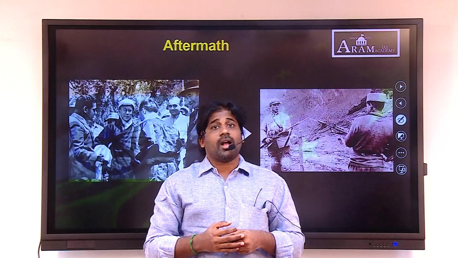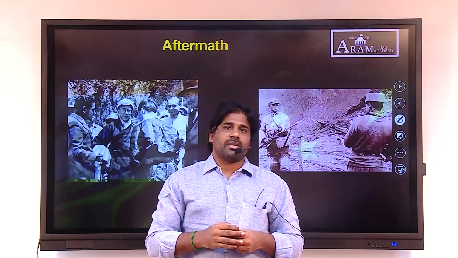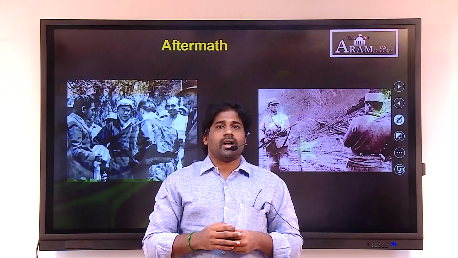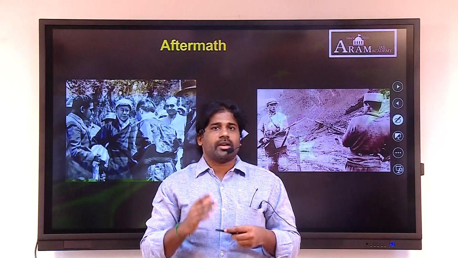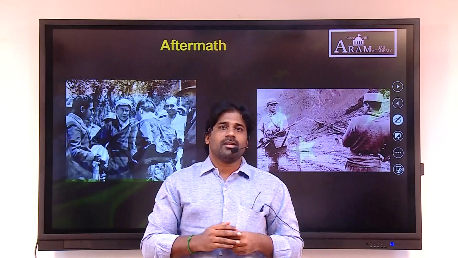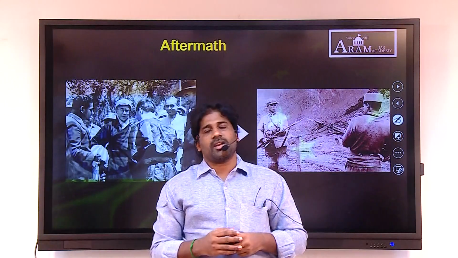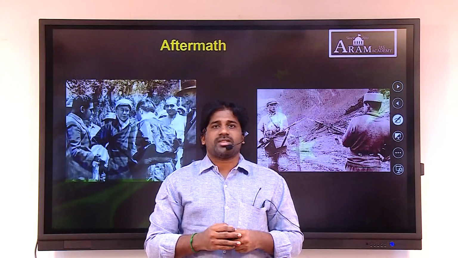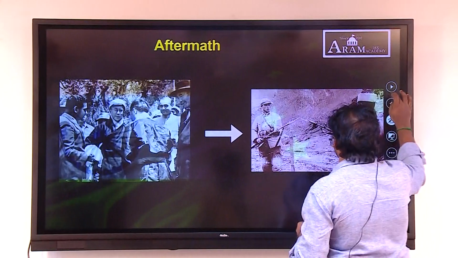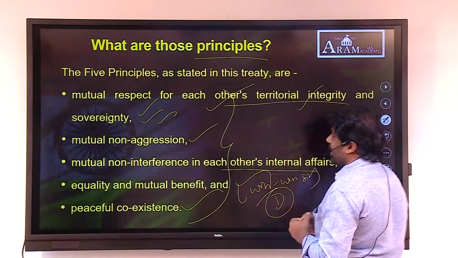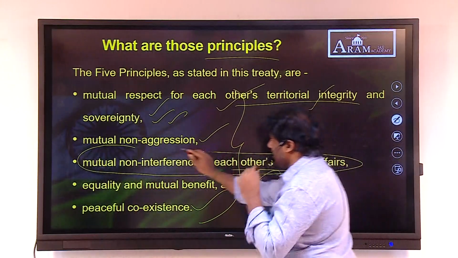But the Dalai Lama, a young boy then, crossed the Tibetan plateau and came to India via Sikkim. And Nehru allowed him, because he was a small boy by then, and gave him a place in Dharamshala, Himachal Pradesh.